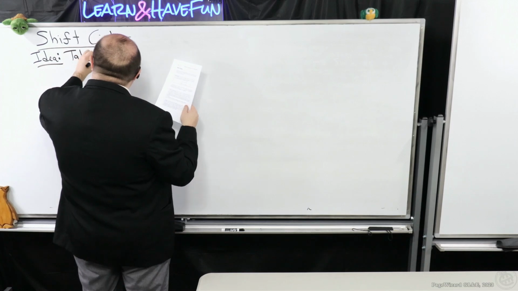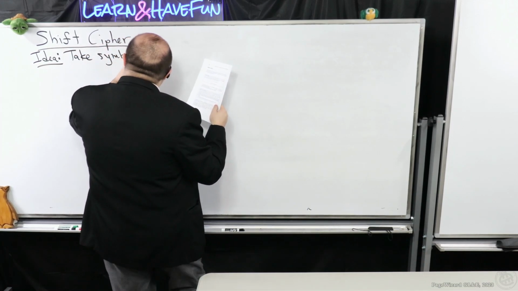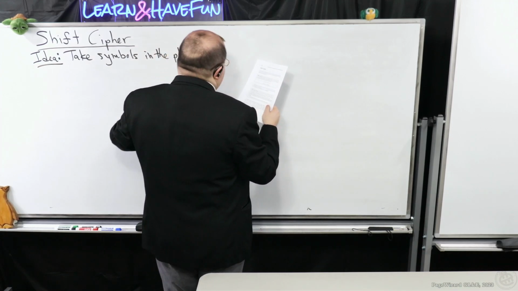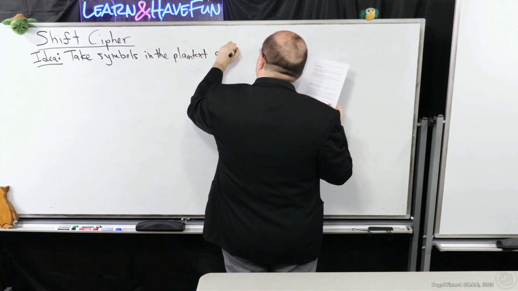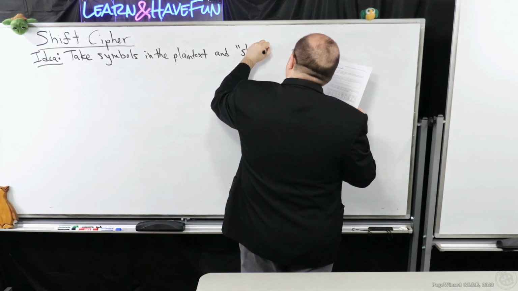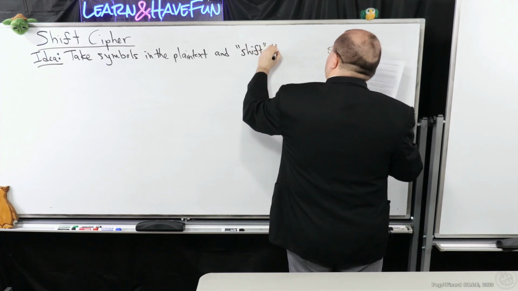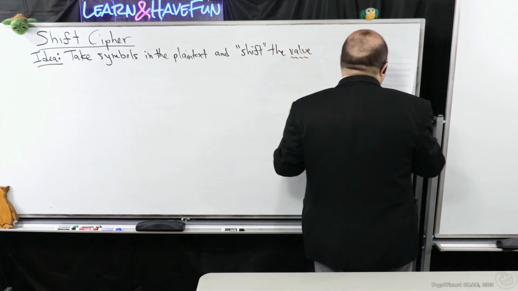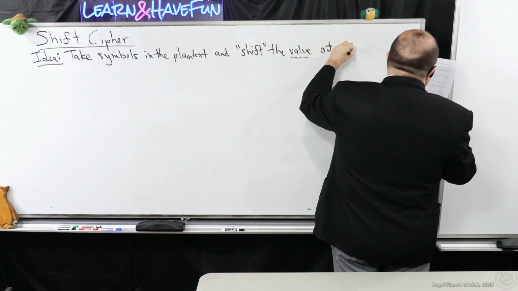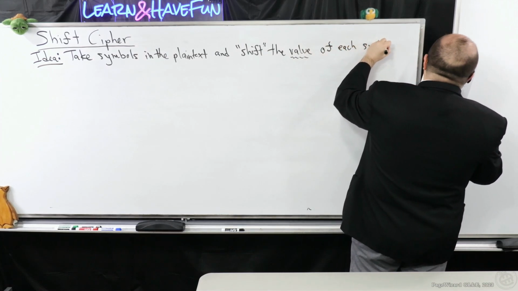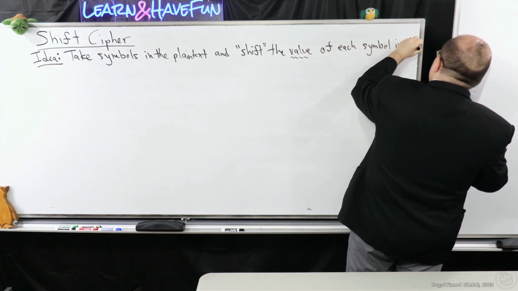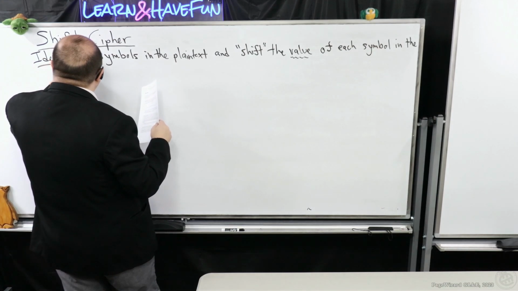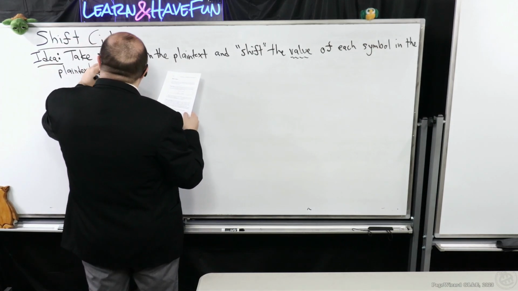What we're going to do is take symbols in the plaintext and shift the value, I'll colloquially use the word value here, of each symbol in the message or plaintext by an amount.